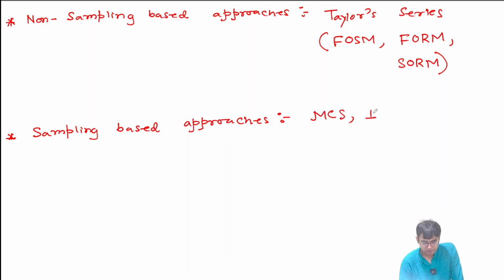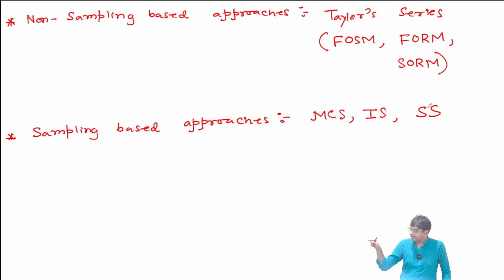Then we have talked about importance sampling, and we have talked about subset simulation, right? And all of these are based on how you are looking to approximate the integral of the limit state function in the failure domain, right? Now, similar to non-sampling based approaches where FORM, SORM, FOSM were not the only methods, even in sampling based approaches, Monte Carlo simulation, importance sampling and subset simulation are not the only approaches. There are other sampling based approaches as well.